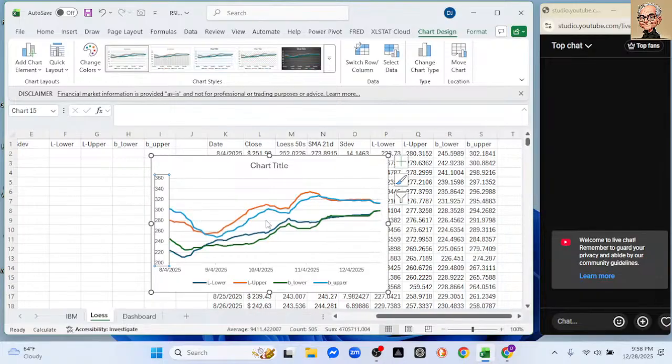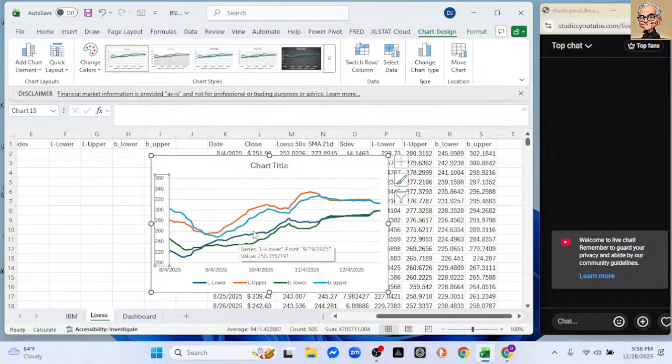This doesn't actually look too bad to me. They show a similar trend. So this is Loess upper. This is Loess lower. And those aren't bad matches, are they?